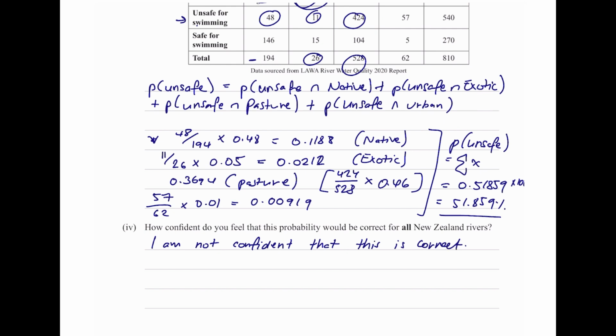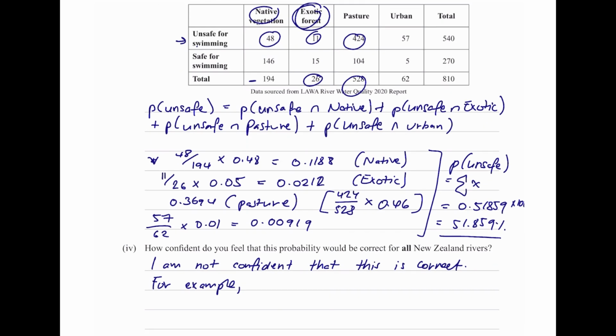Well, for example, when we calculate probabilities, we want our survey land area to represent the entire population, and it does not.